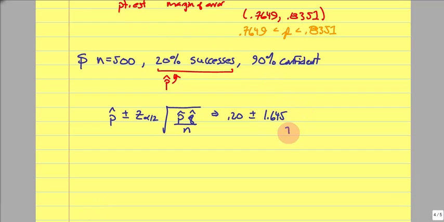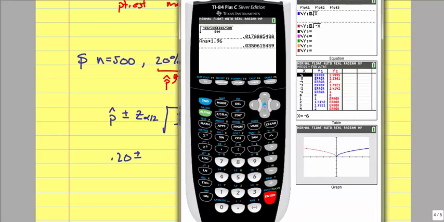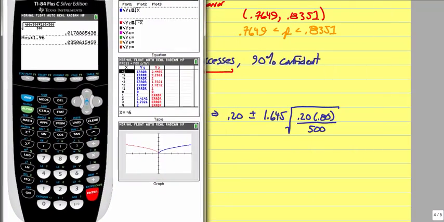And then my standard error. So this would be 0.20 is p hat, q hat would be 1 minus that, and this is all over my sample size of 500. So this would be 0.20 plus or minus, and then let's go ahead and calculate my margin of error. Now again, the margin of error includes this confidence factor of 1.645.